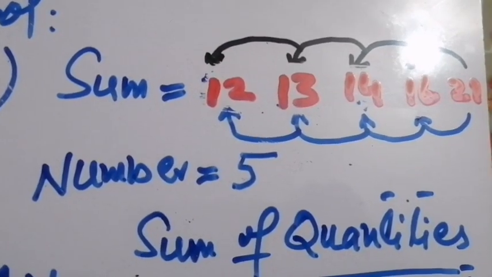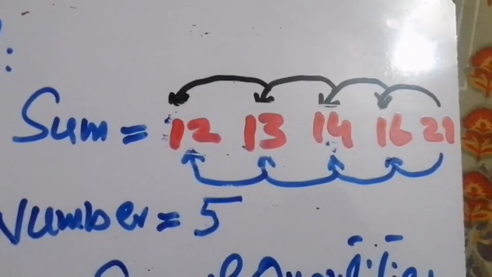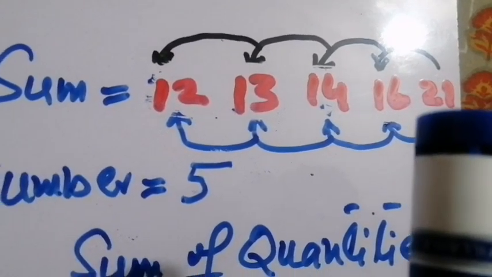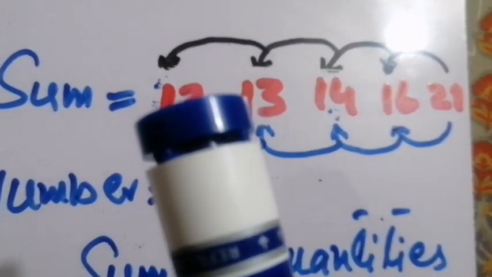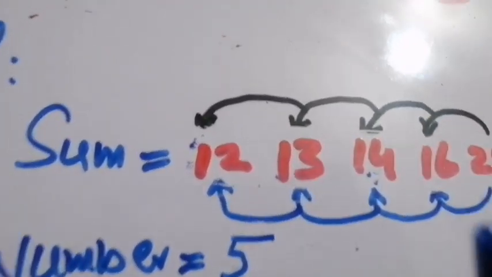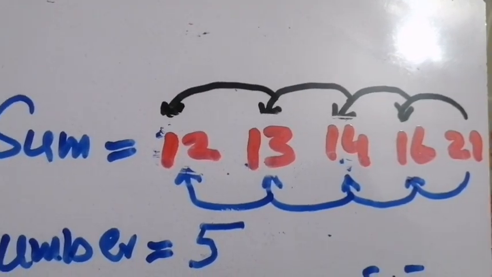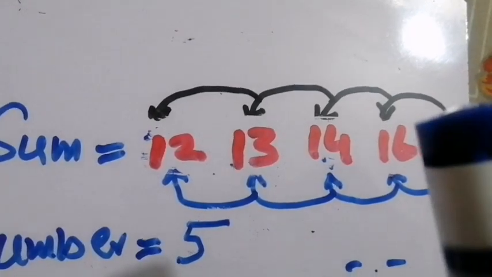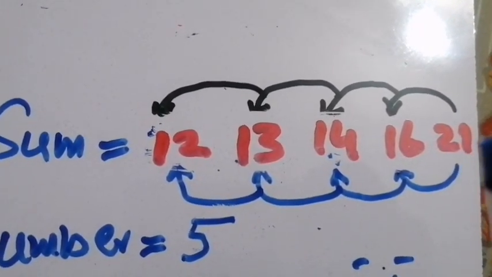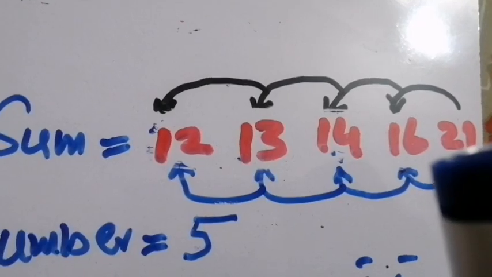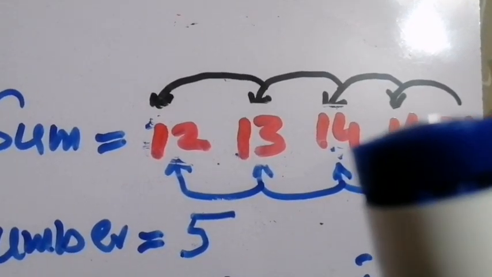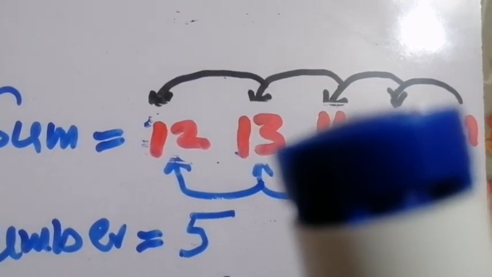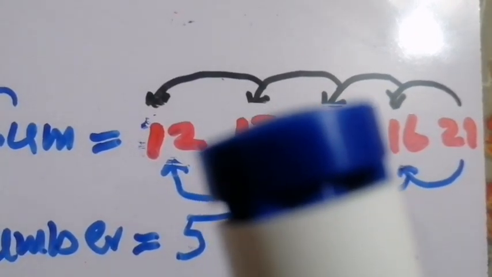So part A of the question: we have different quantities 12, 13, 14, 15 and 21. We have to find out the average. First we will sum up all these values. We can add the first digits first. 1 plus 6 is 7, 7 plus 4 is 11, 11 plus 3 is 14, 14 plus 2 is 16.